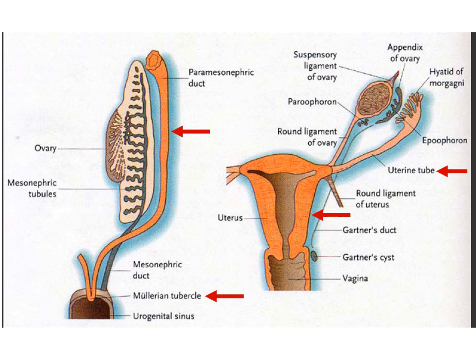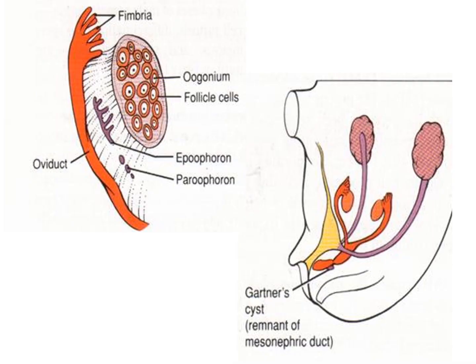While the upper part of the paramesonephric duct, the Mullerian duct, will form the fallopian tube, the lower part forms the uterus, cervix, and upper vagina. This is the paramesonephric duct. This is the ovary which is formed, and these are the remnants here, epoophoron and paroophoron.